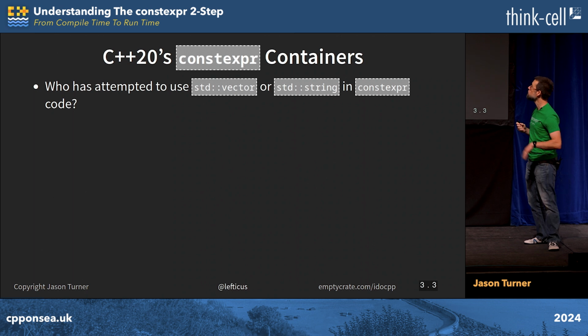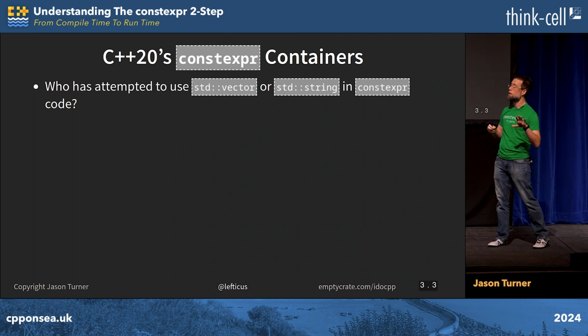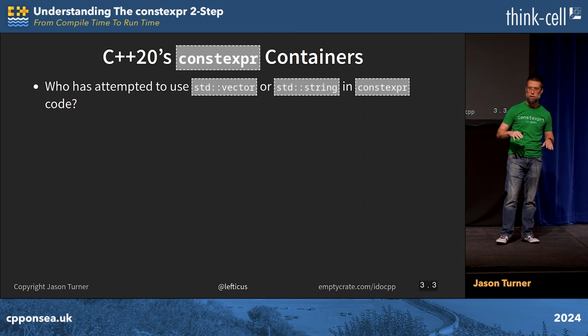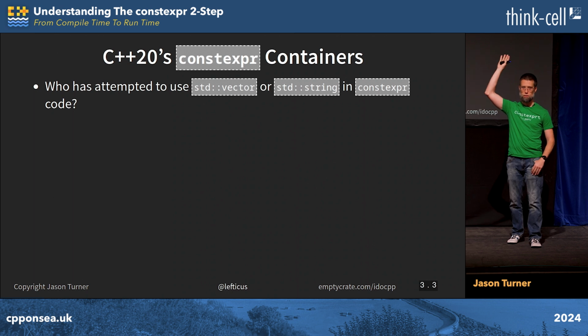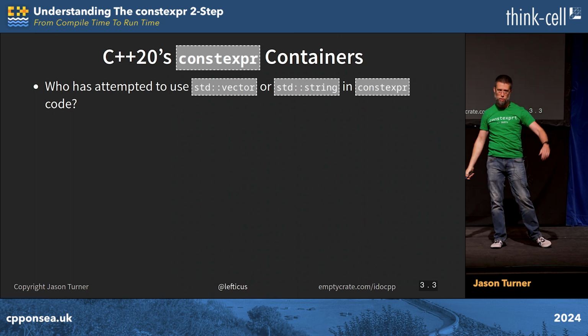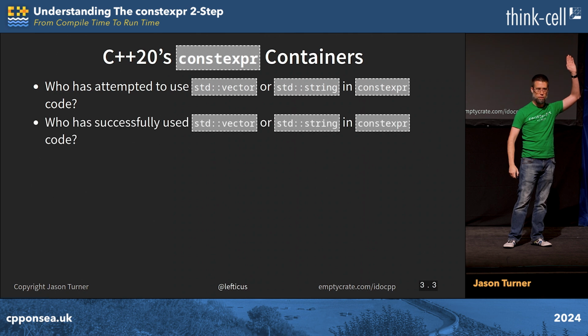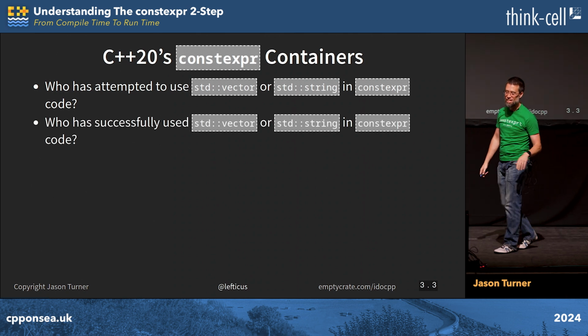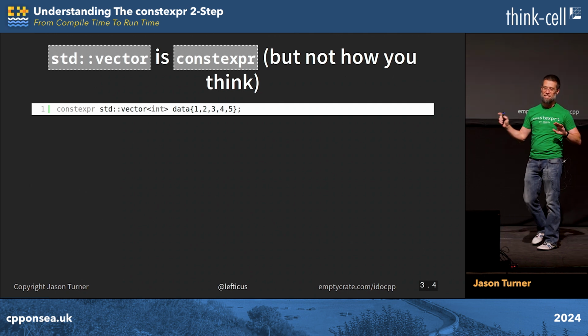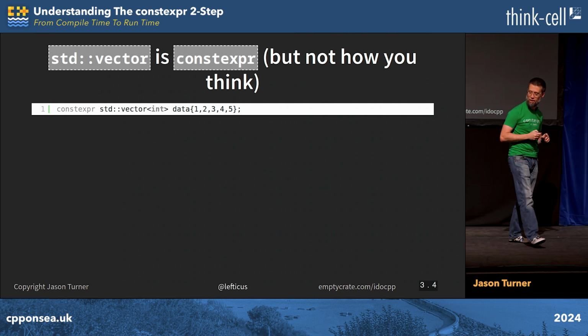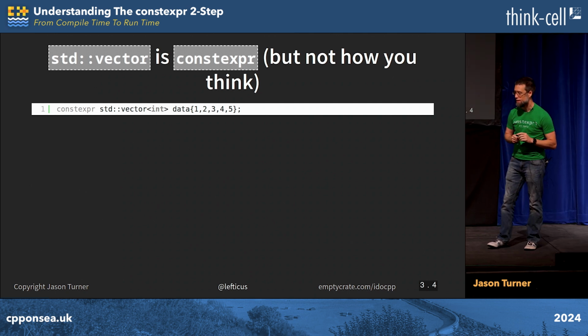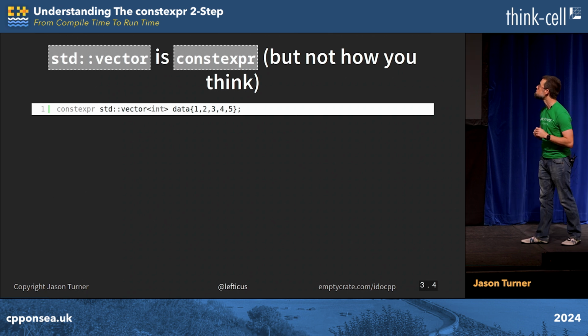So who here has actually tried to use vector and string in constexpr code in real code? Who has successfully used vector and string in constexpr code? Is it really that big of a difference? I was expecting a slightly different, at least some of you. Okay, so attempted versus successfully did it.